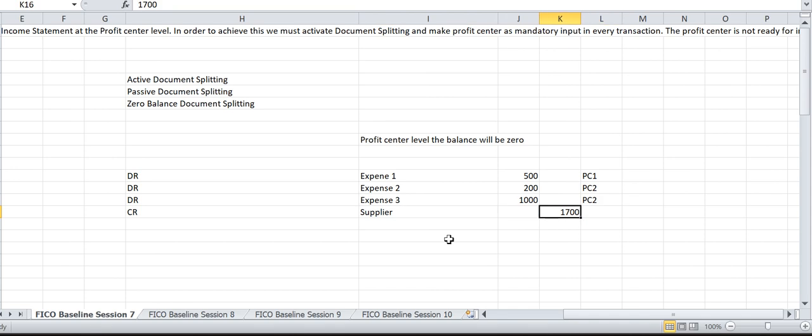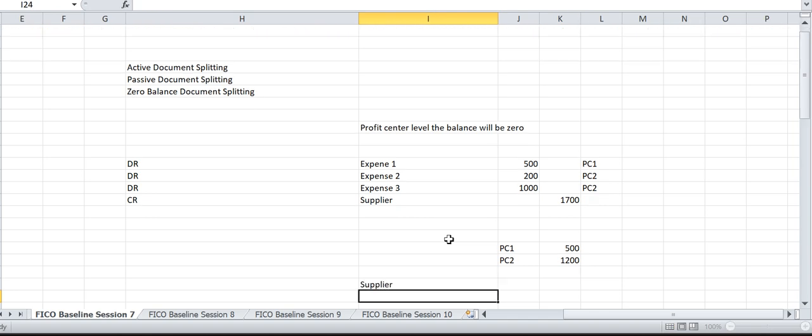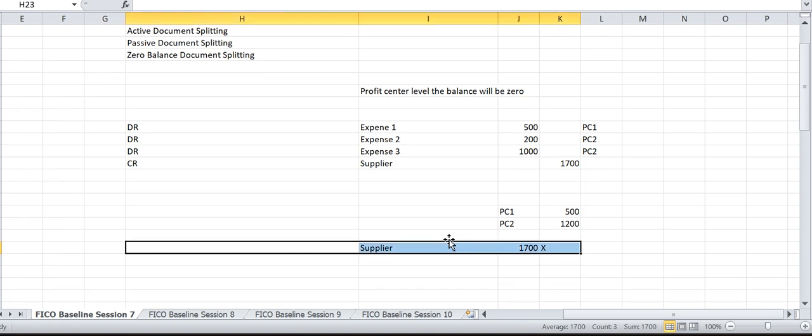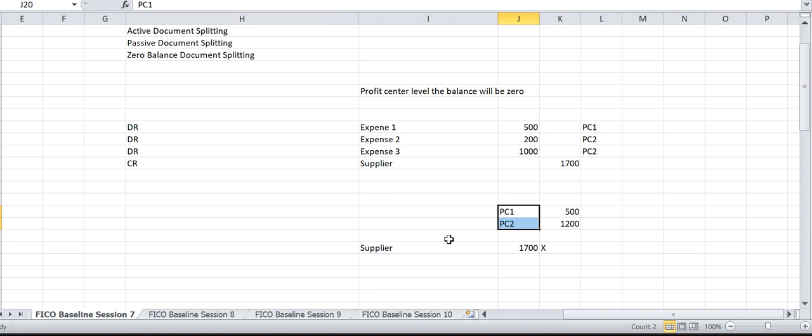But if we take profit center 1, we have 500, right? Profit center 2, we have 1200, right? But the supplier is 1700 and the profit center is not there. So this supplier line should be divided among profit center 1 and profit center 2.